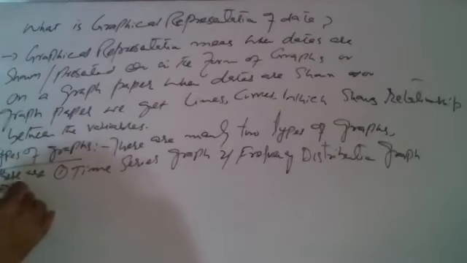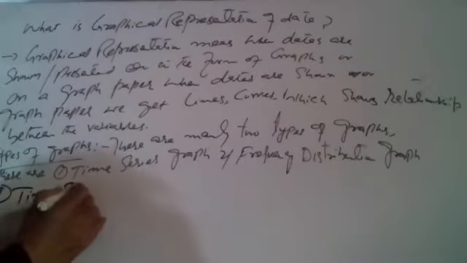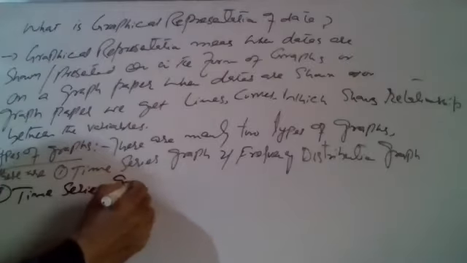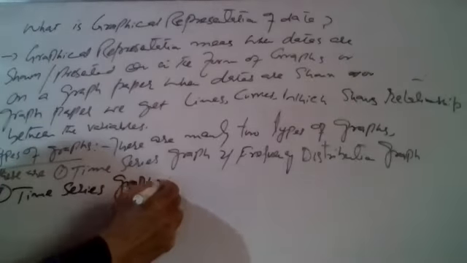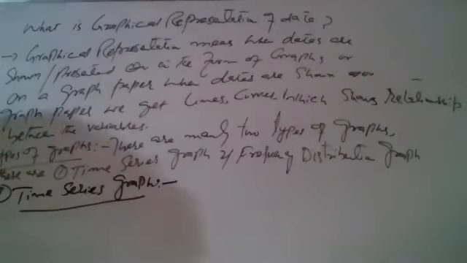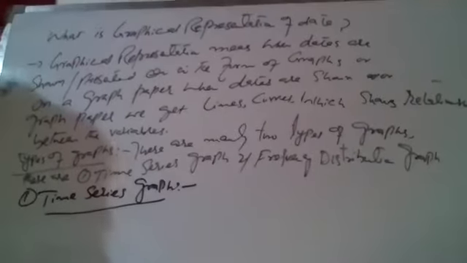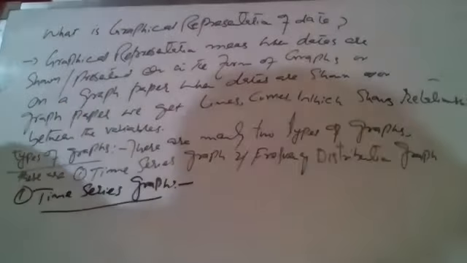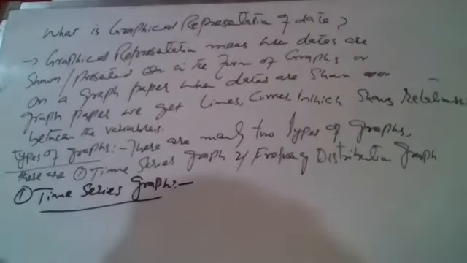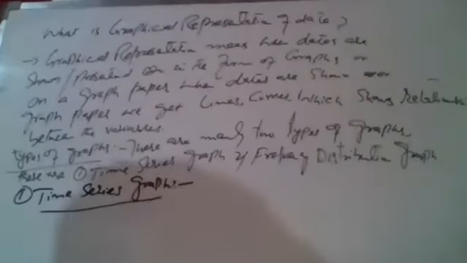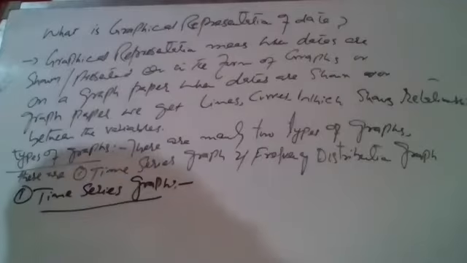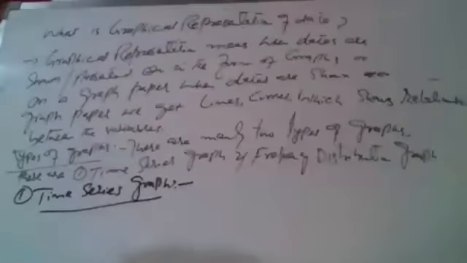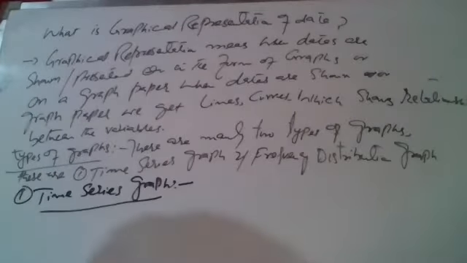First of all, we will take time series graph. What is time series graph? लिख लीजिए टाइम सीरीज ग्राफ क्या होता है. So generally टाइम सीरीज डेटा को हम जब ग्राफ पे दिखाते हैं, that becomes the time series graph.